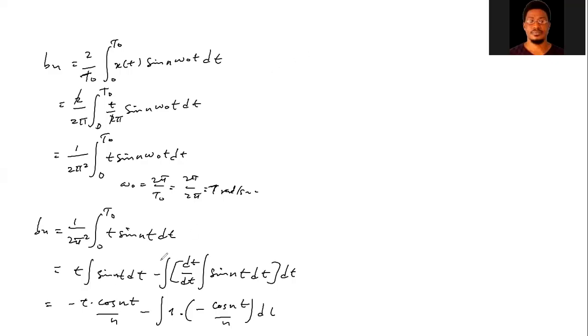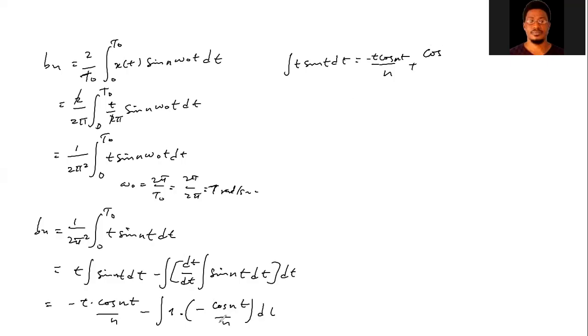So that integral t sin nt dt will now be the same as negative t cos nt over n minus times minus plus cos.